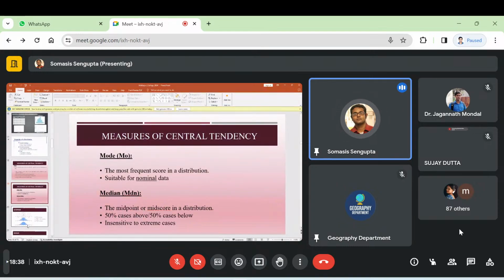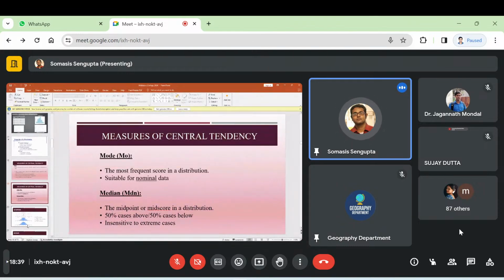But we know that 4 observations are below 10. So, in such a situation, I will go for median. I'll arrange the observations in ascending order, and on that basis I will take the midpoint. Since there are 5 observations, the midpoint will come at 3, which is 1, 2, 3, 4, 100.